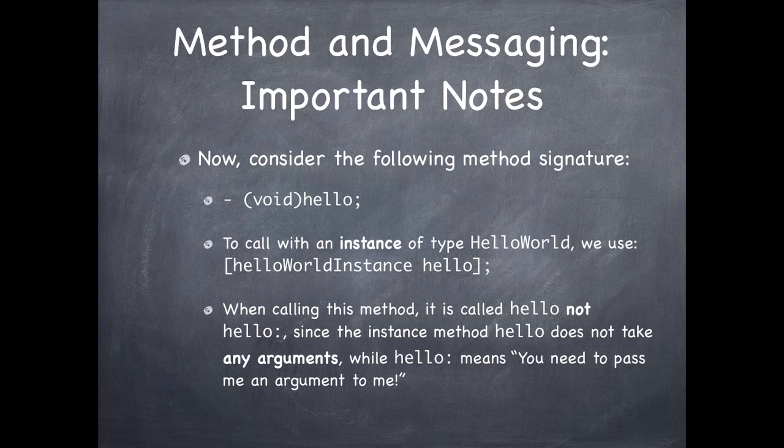As I mentioned before, a colon actually separates your arguments, and also means that you're taking an argument in this case. So hello colon means that before you call this method, before you actually send it to some particular receiver, I need an argument here. The proper way to refer to hello without the colon is actually just hello. That's it.